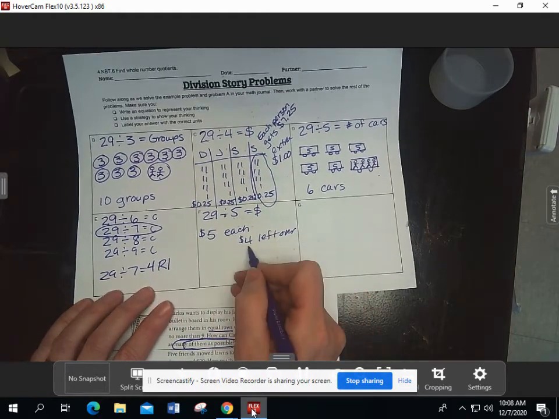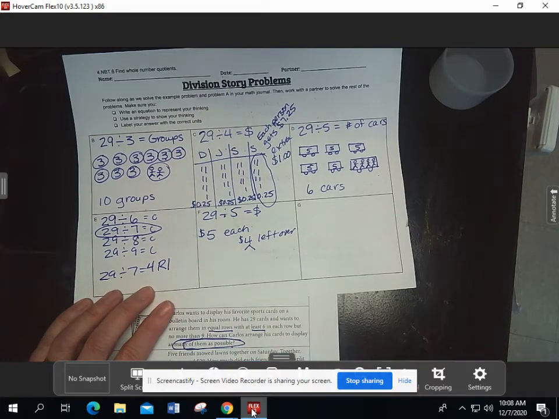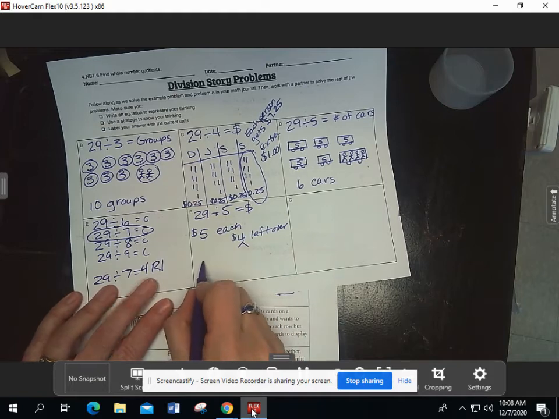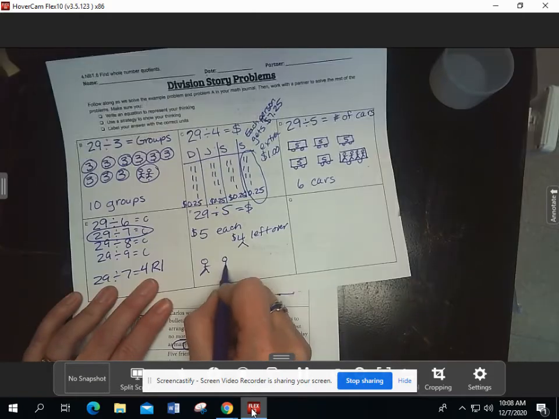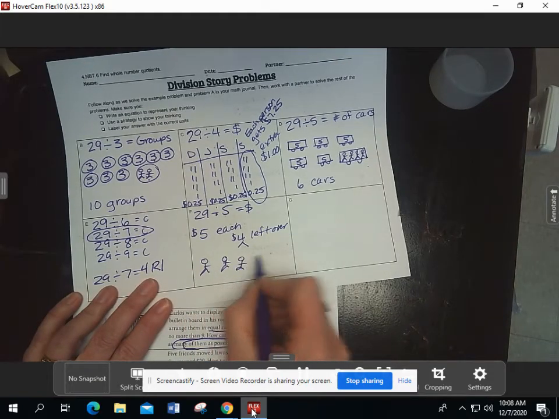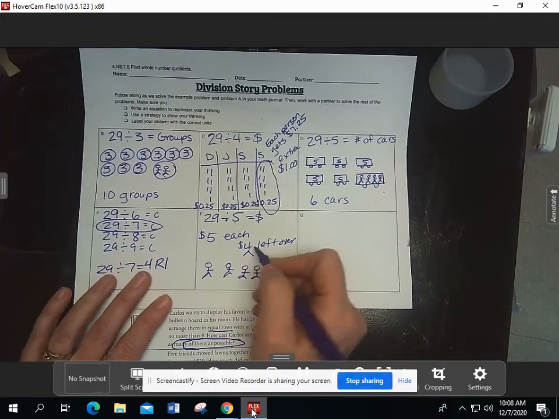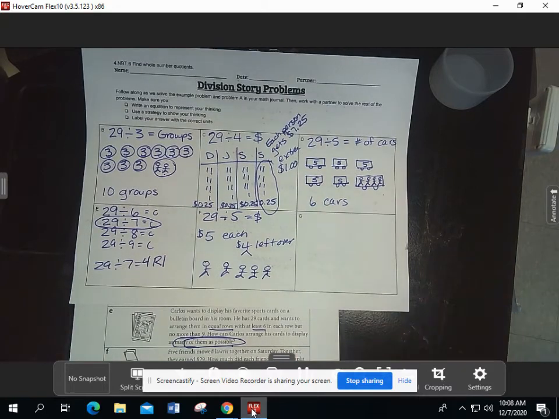So I'm thinking about splitting this up in larger chunks. So if we have 5 guys, let's get them right here. If I'm thinking about my money, I have 50 cents, how many 50 cents go into $4?